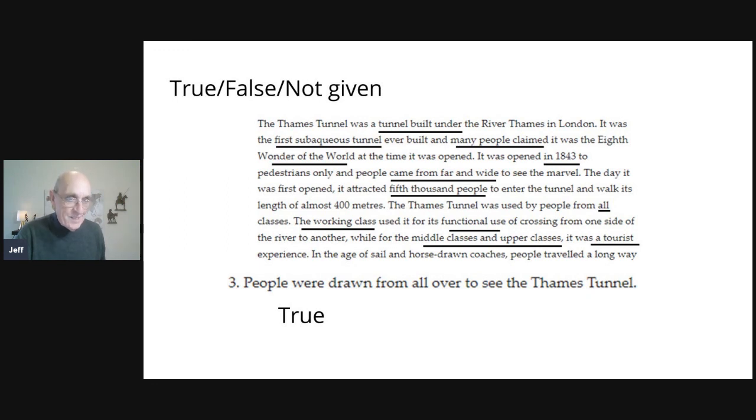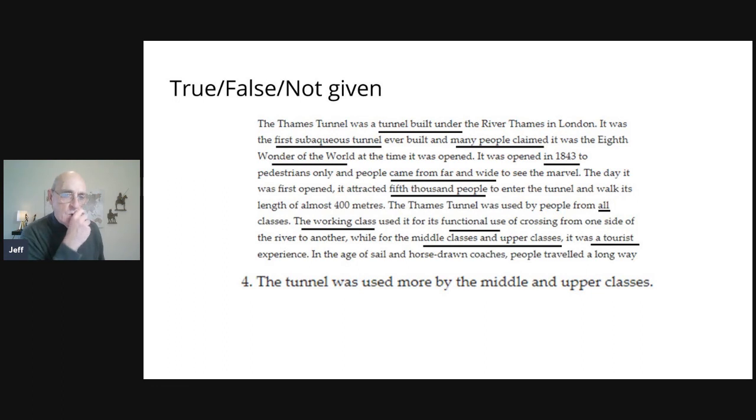So let's take a look at number 4. The answer probably is not given, but we want to see why that is, okay? The tunnel was used more by middle and upper classes. Okay, so this passage tells us that the working class used it for functional use. We underlined that. And then it says the middle and upper classes used it more in tourism, as a tourist experience.